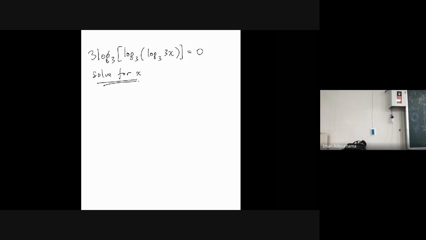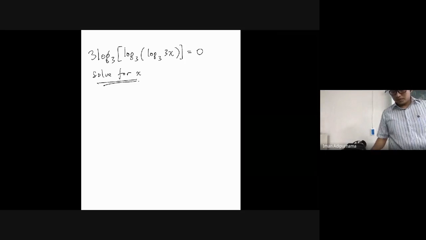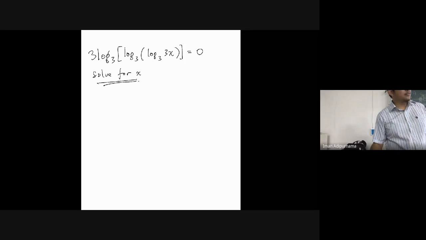Okay, it seems so stressful. It's like a monster, right? So many layers. The idea is that it has layers. You have log, log, log, like cutting an onion, layers by layers.